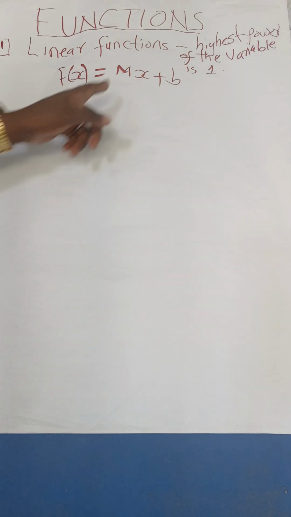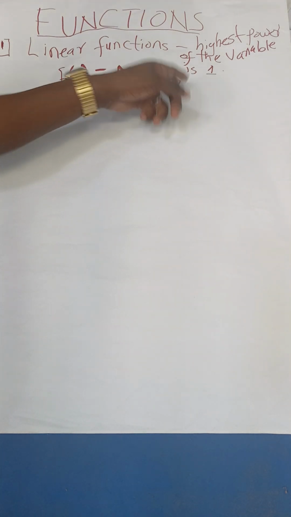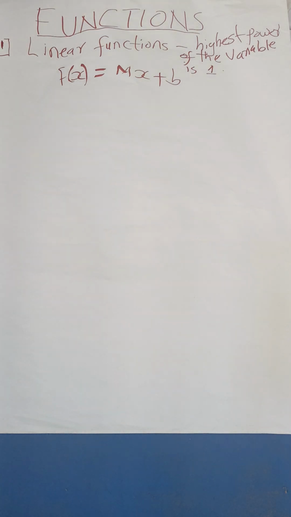So m is the slope, and b is always the y-intercept. In short, this is just the linear function.